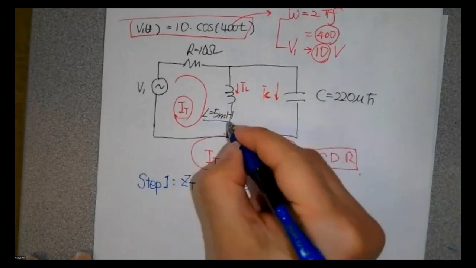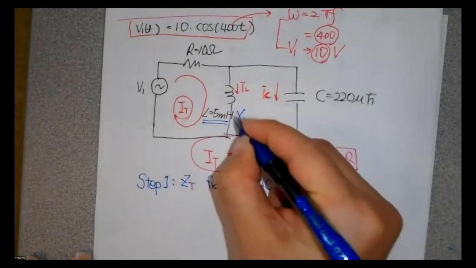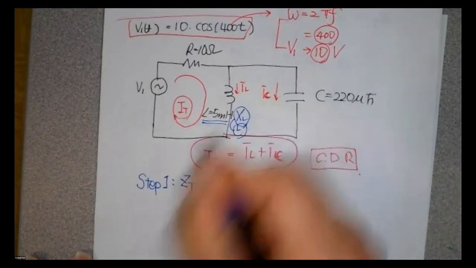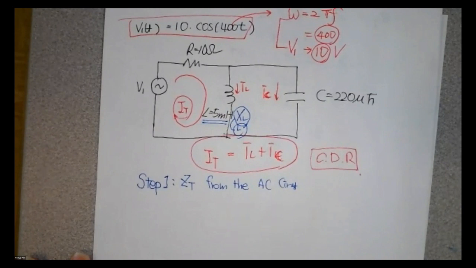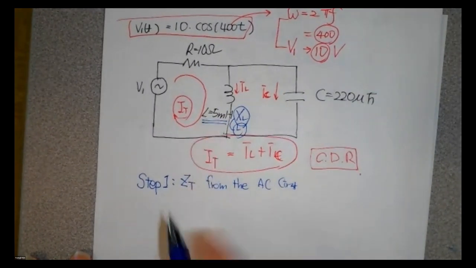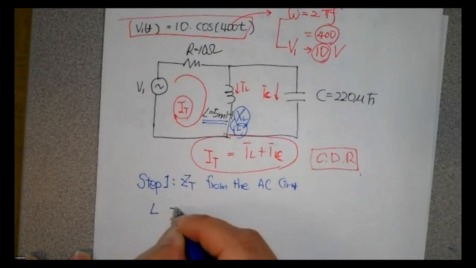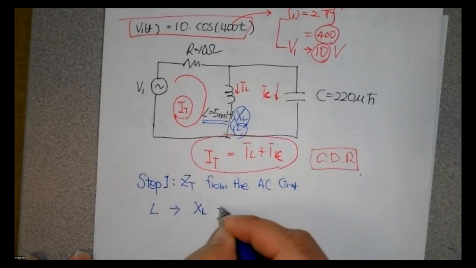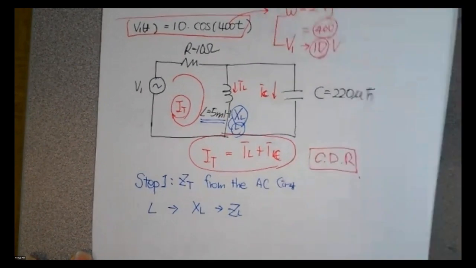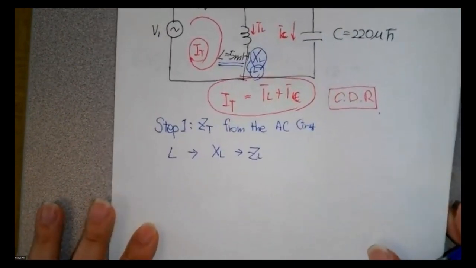Sometimes it is given as X sub L, sometimes as L. Can you see that right there? Now it is L, and we can find the Z sub L.